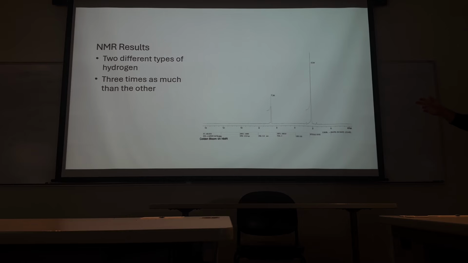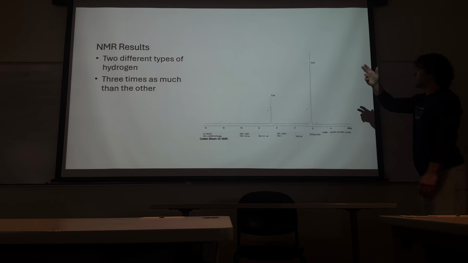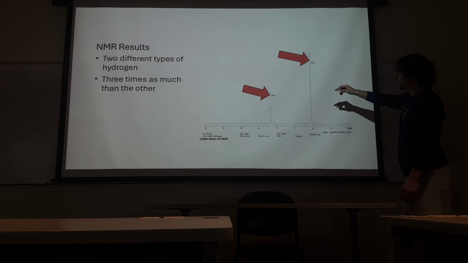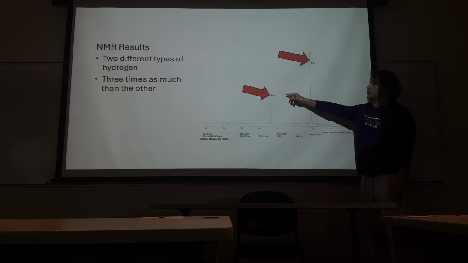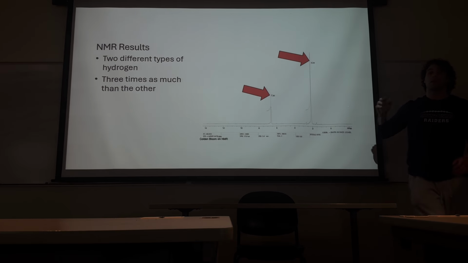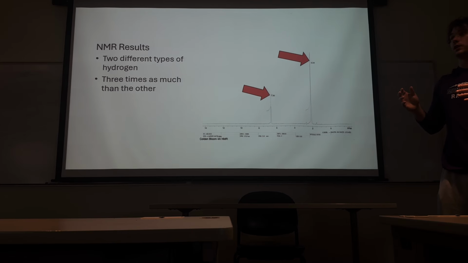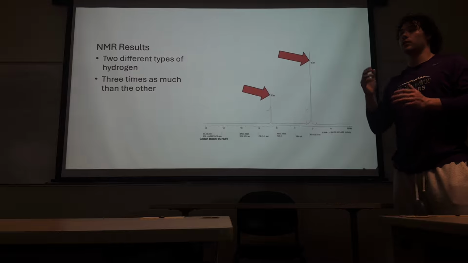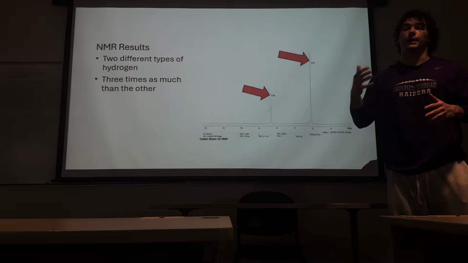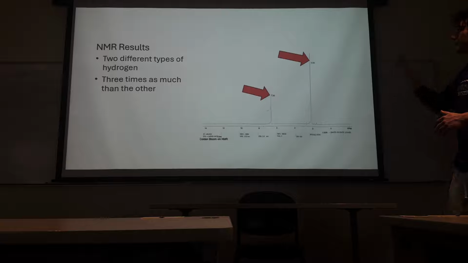And the NMR results, well, we can see that there are 2 different peaks, and there is a 3-to-1 ratio. This means that there are 2 different types of hydrogen, and one type of hydrogen will have 3 times as many hydrogens as the other.